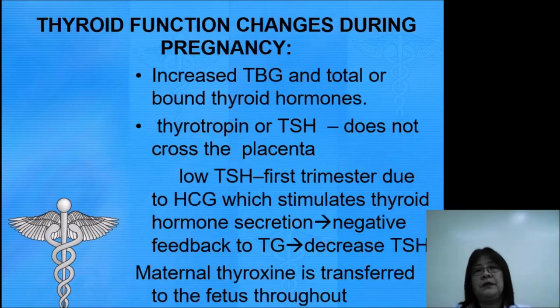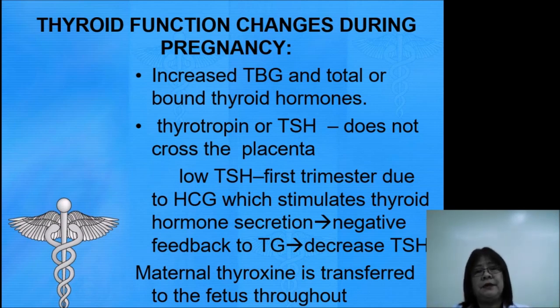Now, thyroid function during pregnancy is also affected by the increased thyroid binding globulins produced by the liver. As I have told you before, most of the thyroid hormones produced during pregnancy are bound to your TBG. Actually, your TSH does not cross the placenta.